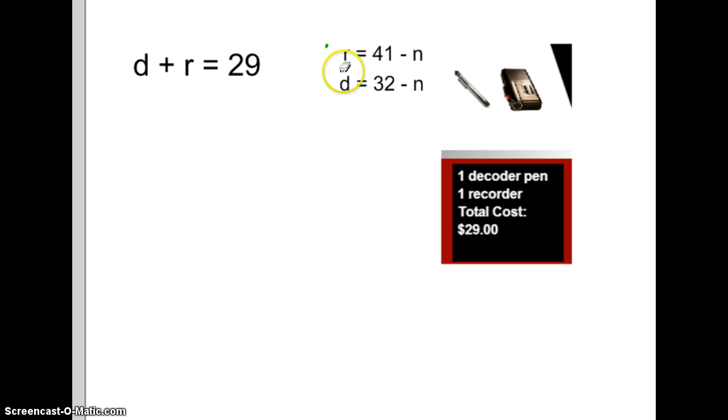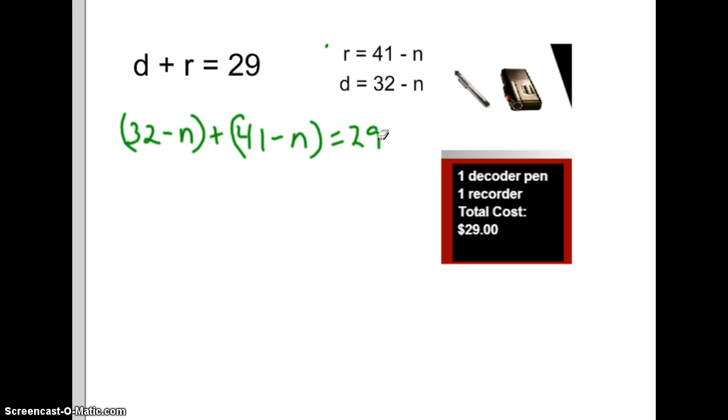We've taken R equals 41 minus N, D equals 32 minus N. So if we substitute 32 minus N for D, and we add 41 minus N, we're substituting that for R, that will equal $29.